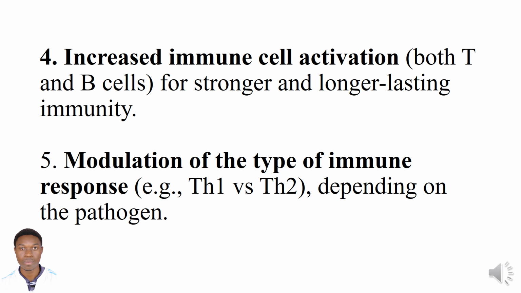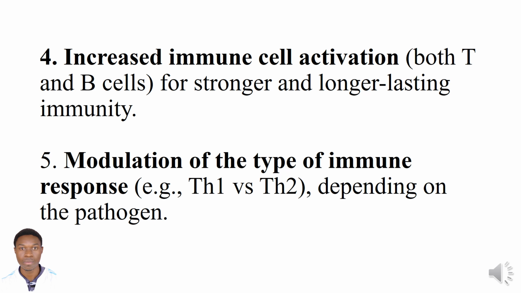And this is by Th1 and Th2 responses, where adjuvants can skew the immune response toward Th1, which is cell-mediated, or Th2, which is humoral, antibody-mediated response, depending on the type of pathogen the vaccine is designed to protect against.